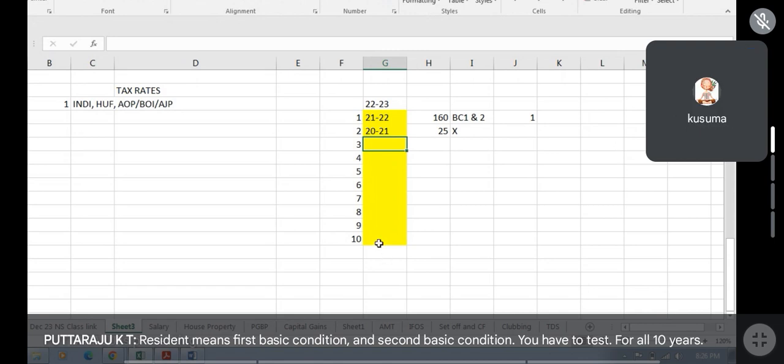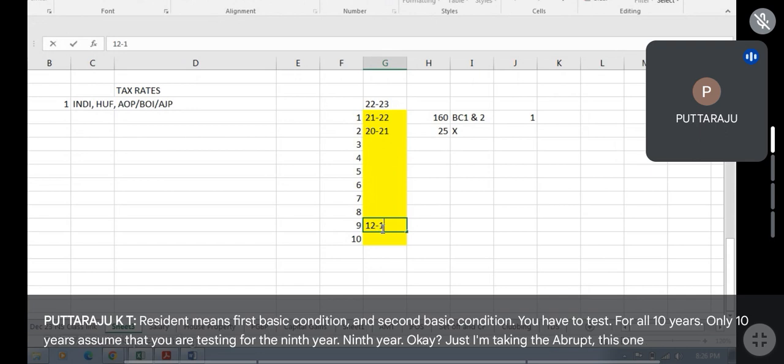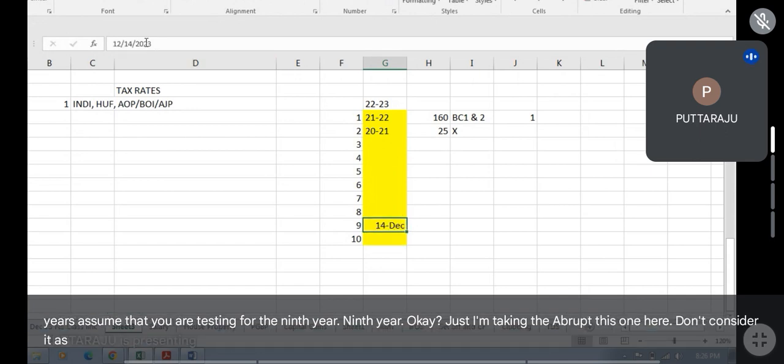Only 10 years. Assume that you are testing for the 9th year. Just taking this one year abruptly. Don't consider it as 12, 13, I am just taking. Okay, 12, 13 I am taking.